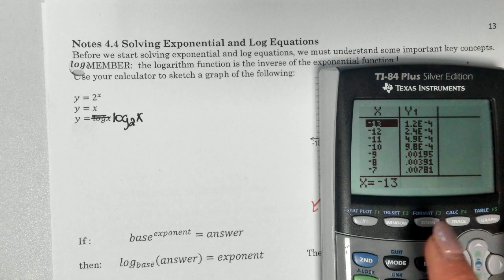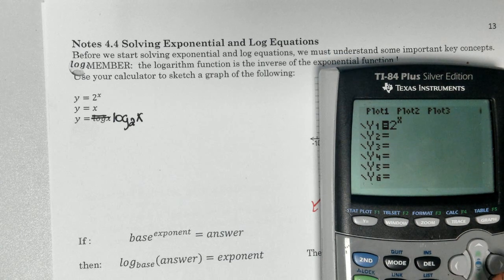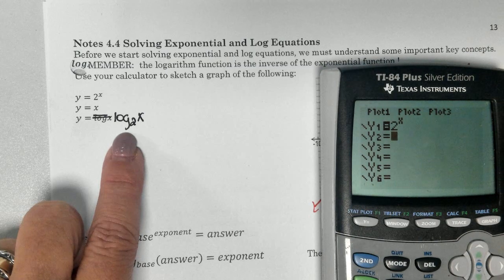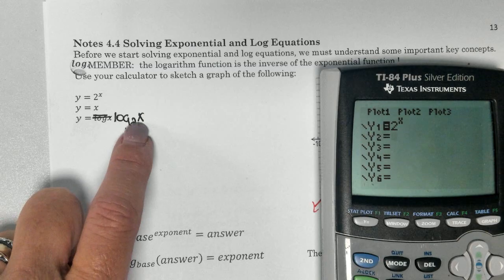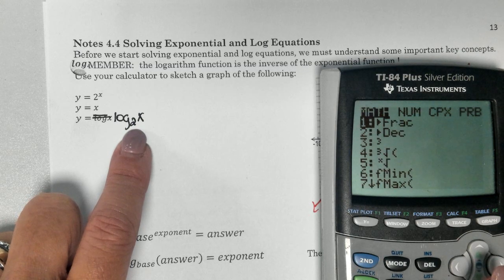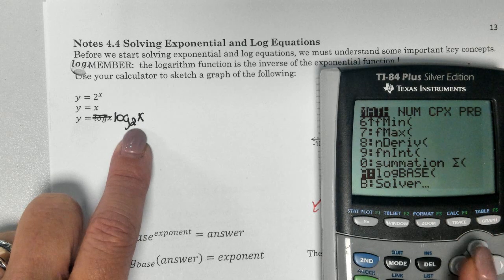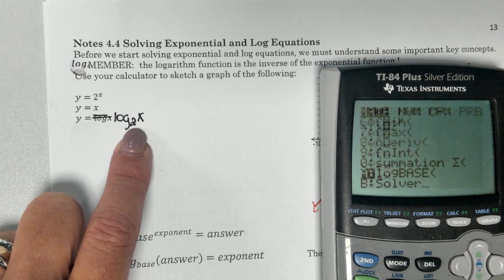However, you might want to go into y equals and go down to y sub 2 and type in the log equation. Remember, to get a log base 2, we have to hit the math key and then arrow up so that we get log base.